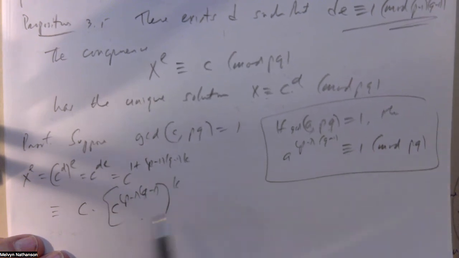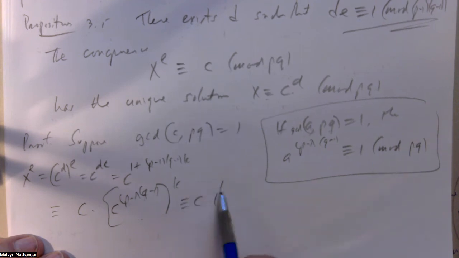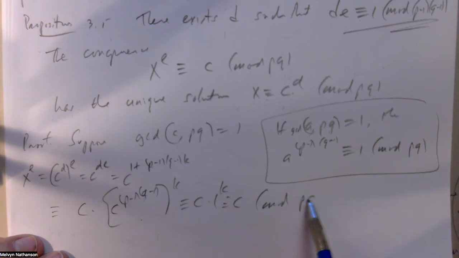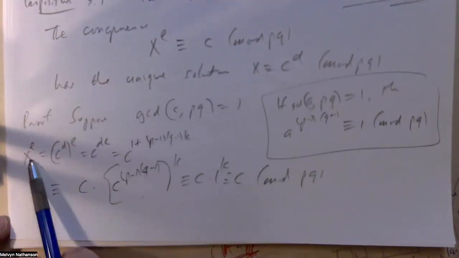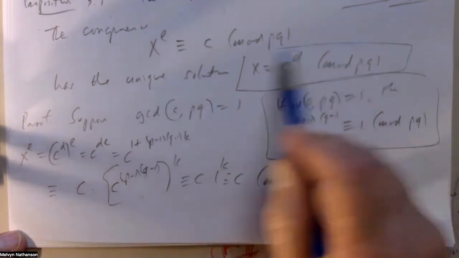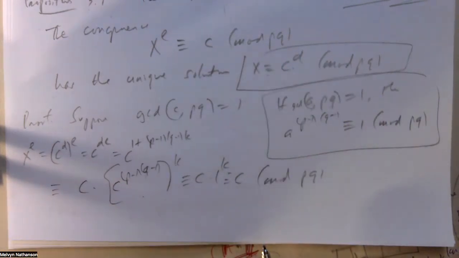But this is 1. So x to the e is c. So x equals c to the d mod pq is the eth root of c.